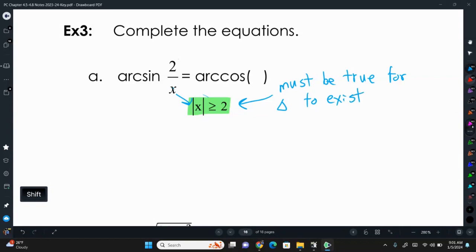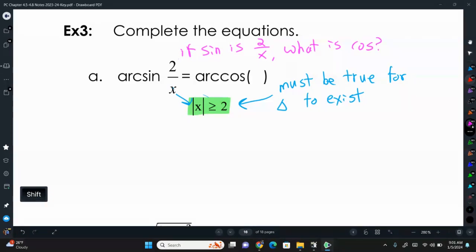So what I want to do is look at this problem and translate it into the words that we know. So basically what this is saying is if sine is 2 over x, what is cosine?